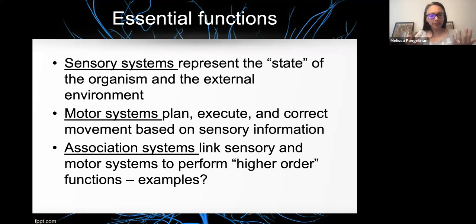Some of these higher order functions we've talked about in other classes: executive function, things like academic skills, performing increasingly complex abilities. And one other thing that's really important in the association system is just paying attention. So your attentional resources, allocating those attentional resources to what's easy to do and what's harder to do, so that you can perform each of these different actions seamlessly and efficiently.